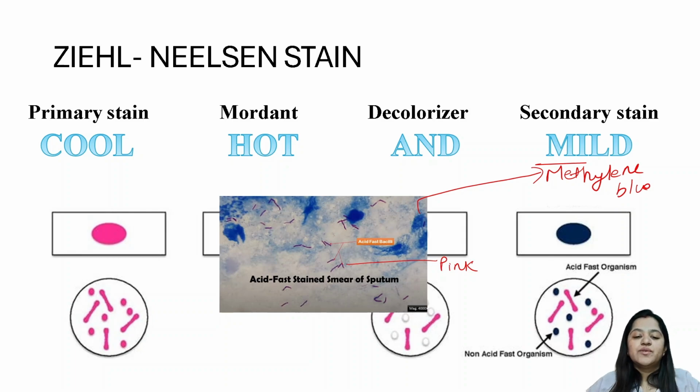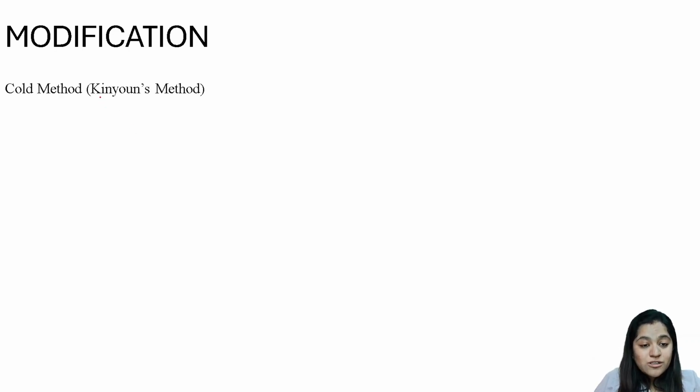Now let's move ahead. Now there are some variations also in your Ziehl-Neelsen stain, your acid-fast stain. Now see, since we are heating this, this is a hot method. If we don't heat it, it becomes a cold method, also known as Kinyoun's method. So instead of heating here, no heat is required here. So if you are not using heat, what to do? You have to use a strong carbol fuchsin.